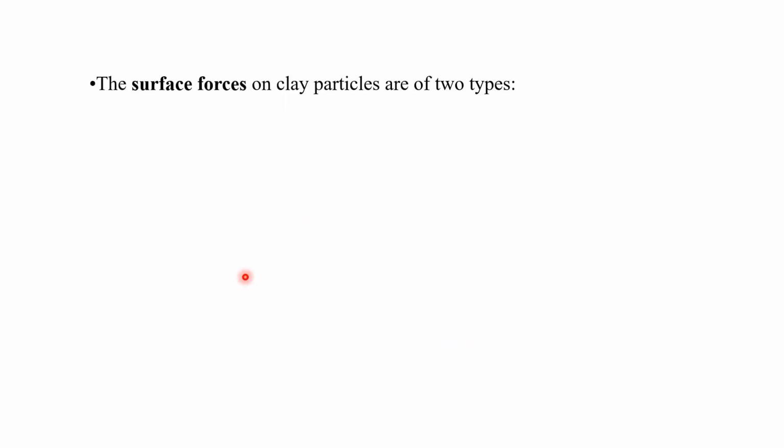Now we shall see, as I told you, the surface forces on the clay particles are of two types, right? The attractive forces and the repulsive forces. And we are talking about the fine grain soil, how the fine grain soils are attached to each other. Even a single clay particle, as I told you in the beginning, has different layers which are attached to each other by a strong bonding.